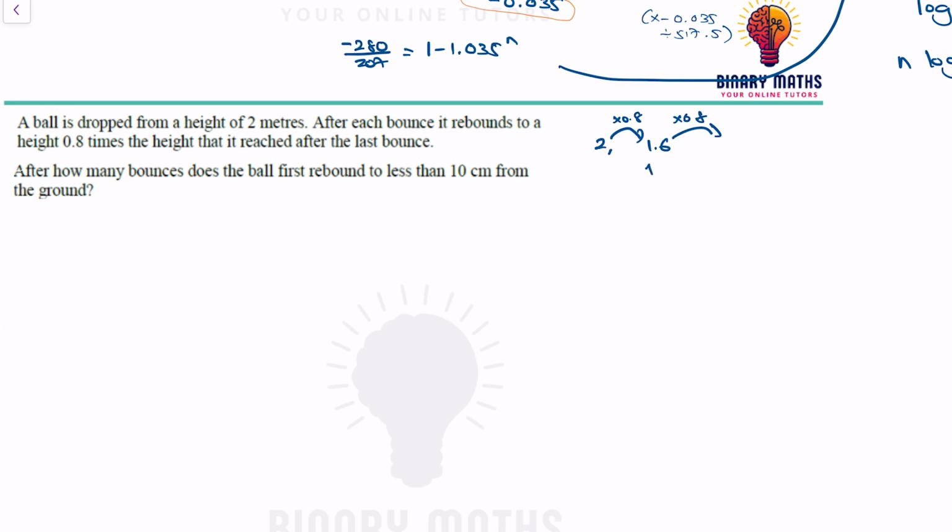After how many bounces does the ball first rebound to less than 10 centimeters from the ground? I'm going to start off with 1.6, which is after my first bounce. So 1.6, then 1.6 times 0.8, 1.6 times 0.8 squared, and so on.